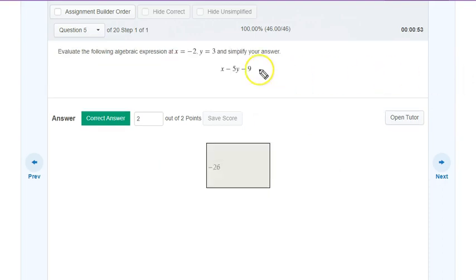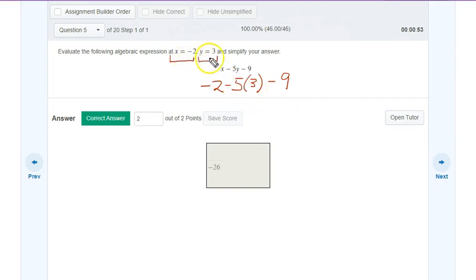In this example, we want to do some substitution. So where we have an x, we're going to put a -2. Keeping in mind there's a -5, and y is going to be 3, and that is a -9.